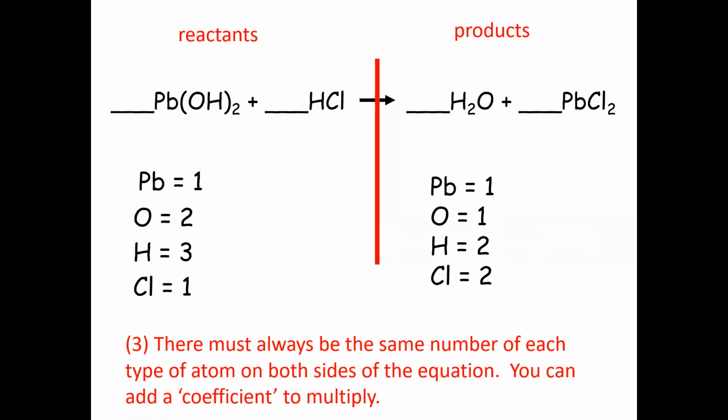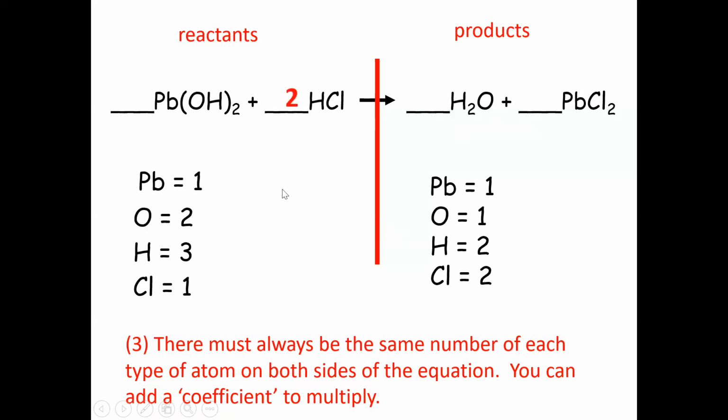So again, you're going to have to add a coefficient. So what you do is, again, you don't go hydrogen first because hydrogen appears in more than one compound on the same side here for reactants. So you could pick maybe chlorine first, for instance. If I want to balance chlorine, I've got 1 chlorine here, I've got 2 here.